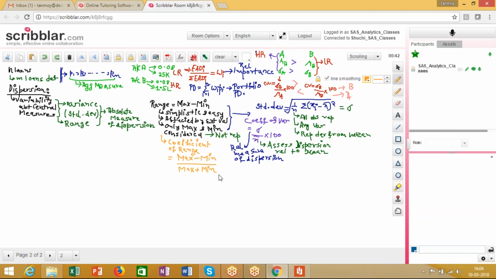Tomorrow we'll talk about how, using these measures from our data set, we can identify data challenges, right? How is it that we can deploy them in the SAS framework?